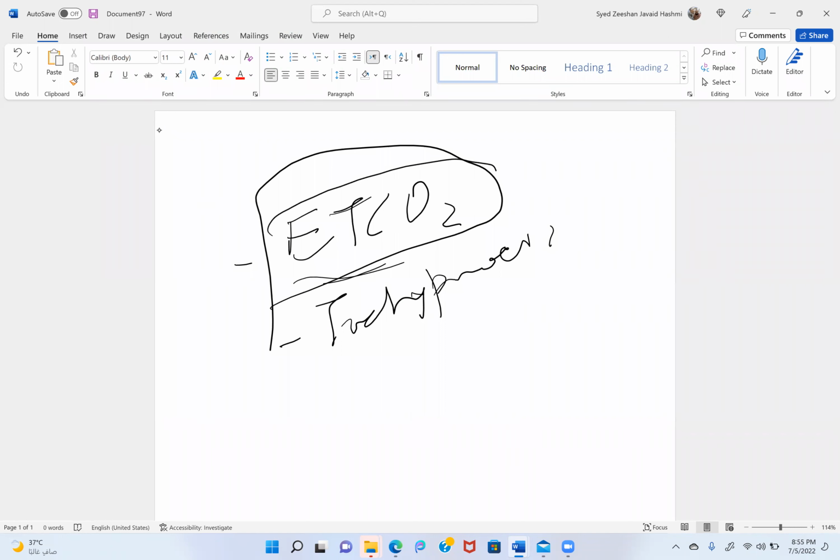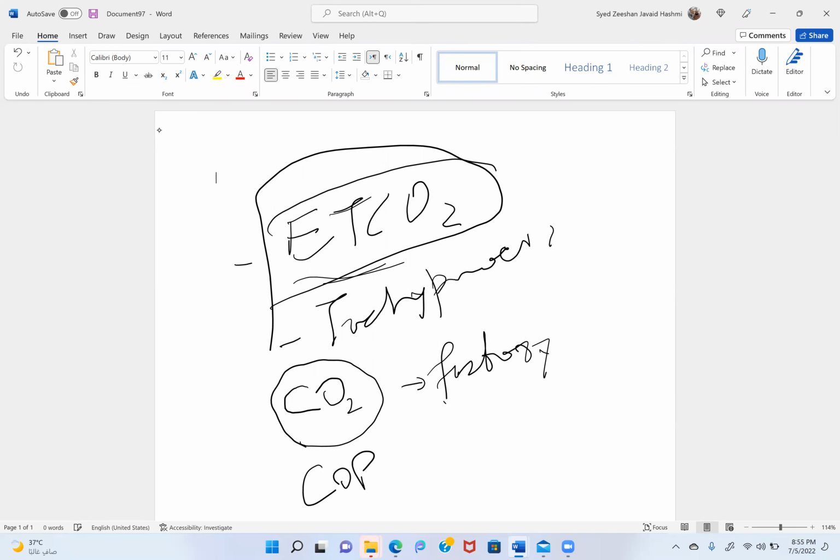From where is it coming? From the lungs. Yes. How is our body making this CO2? It is through the circulation, cardiac output. So when there is no cardiac output, there is no oxygen delivery and no CO2 production, so this will go.